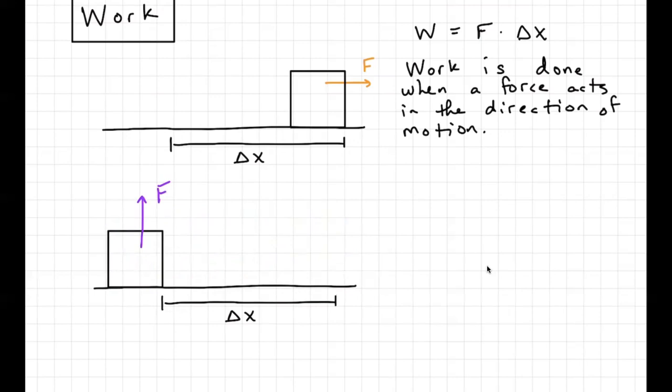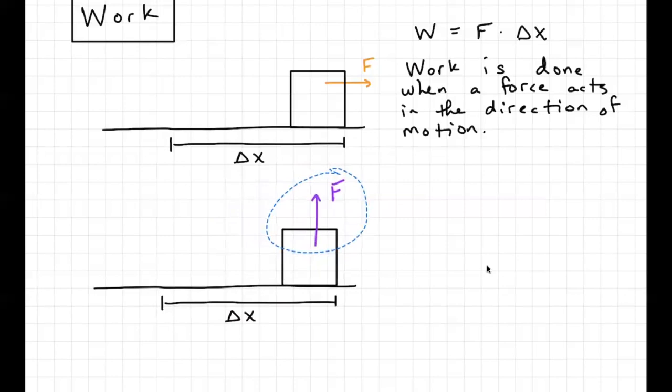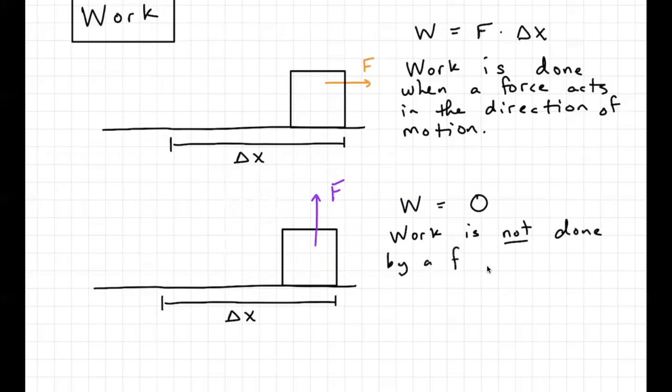So this force F, this purple force F, might do work on the box, but if the box moves this way, so the box moves through this displacement, then the work done on this box will be 0. Work is not done by a force that acts perpendicularly to motion.